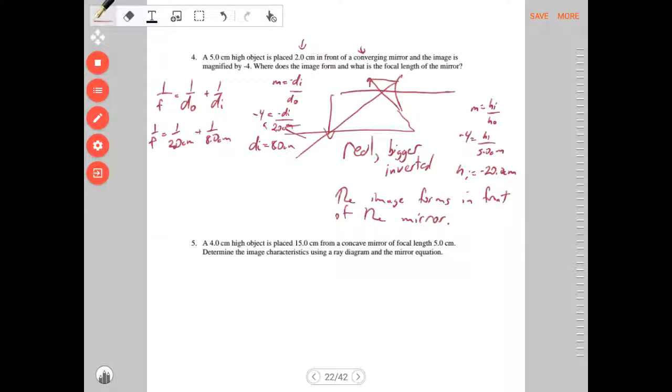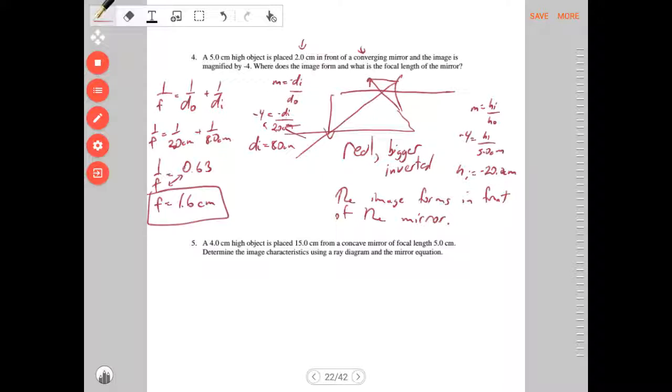So when we figure that out, 1 over F equals 0.63, and that makes F 1.6 centimeters. We just switch those two.